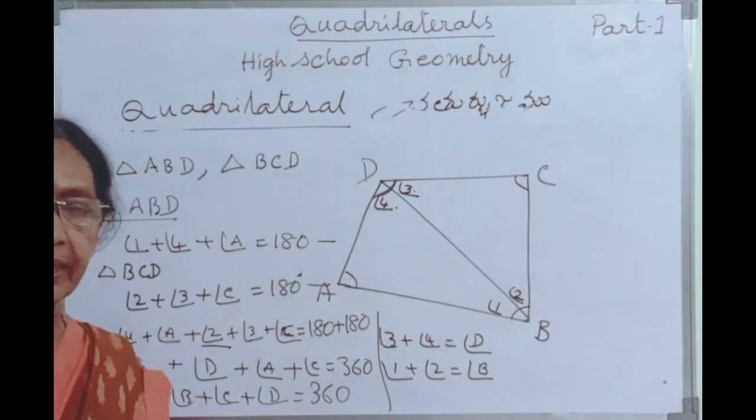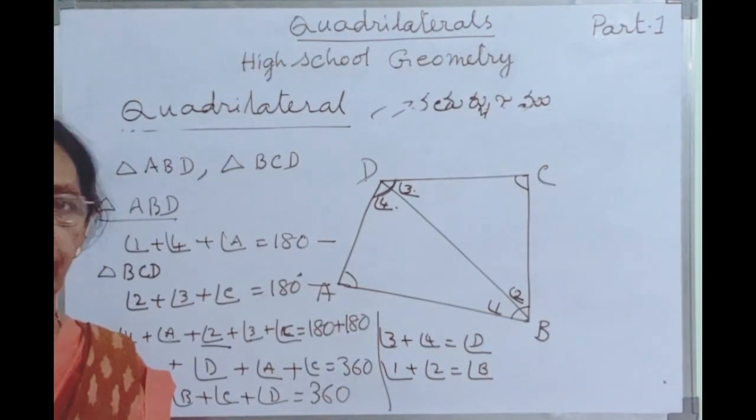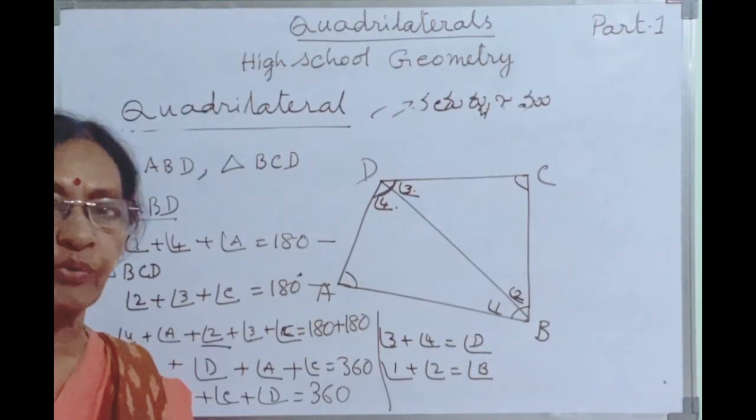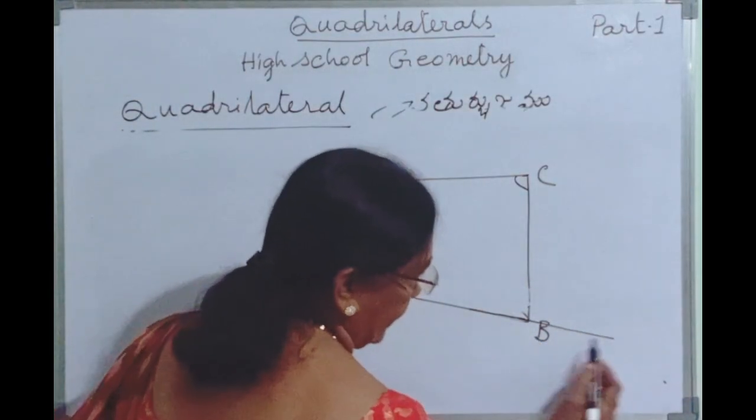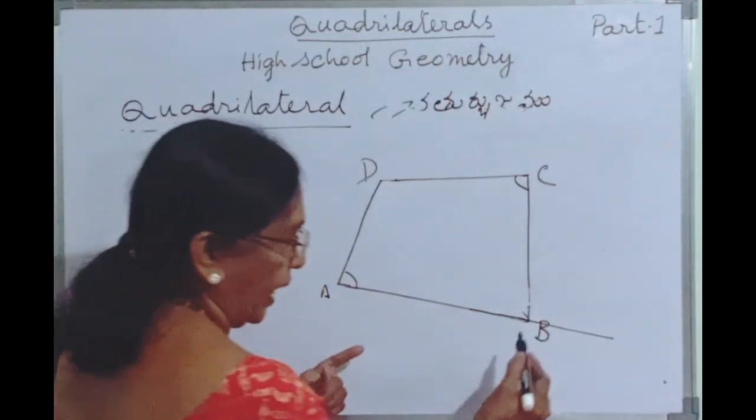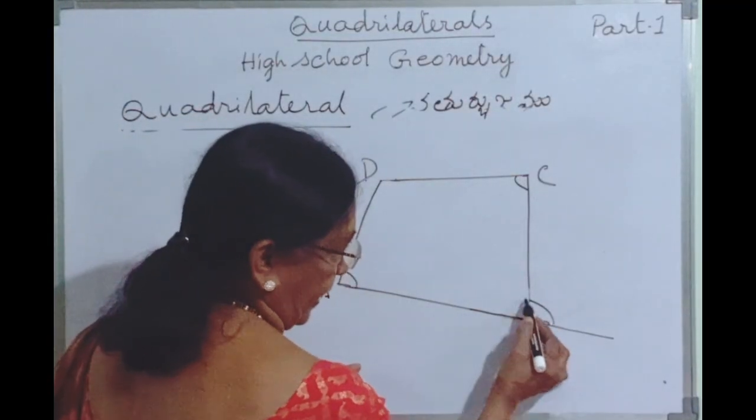We can prove that the sum of the exterior angles of a quadrilateral is also equal to 360 degrees. Extend the side AB, and this is one exterior angle.